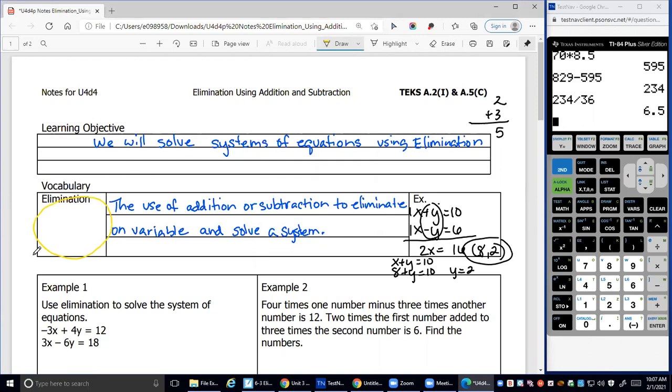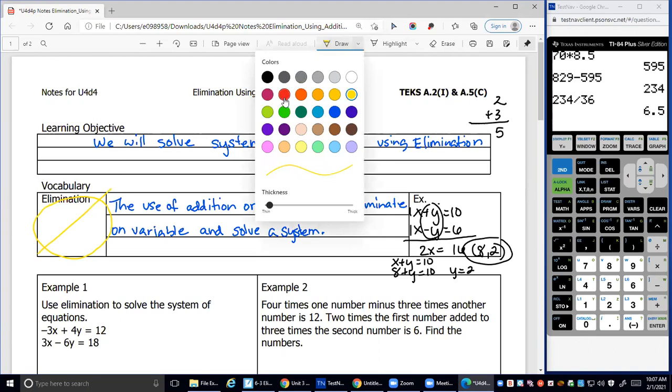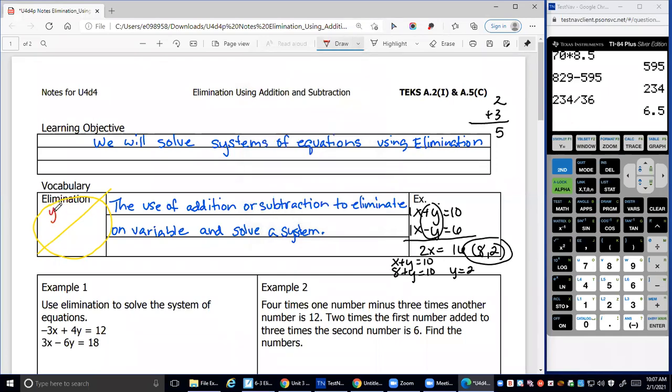This is actually substitution. That would be something like y equals 2, and then you have x plus y equals 10, and you replace the y with 2, and you know that x is equal to 8. This would be the substitution method.